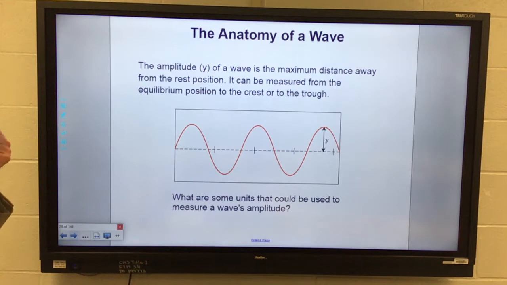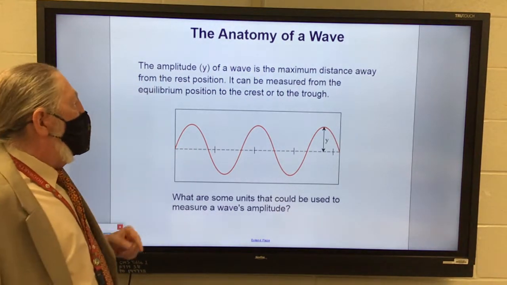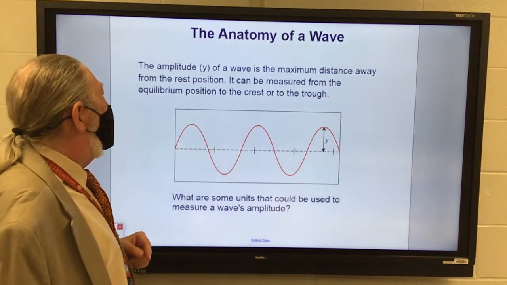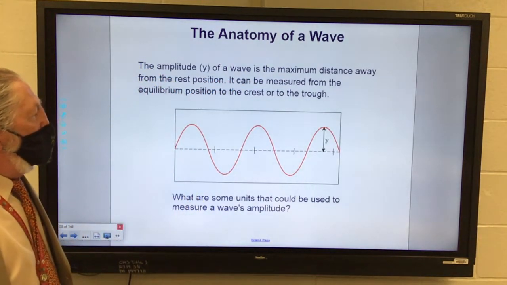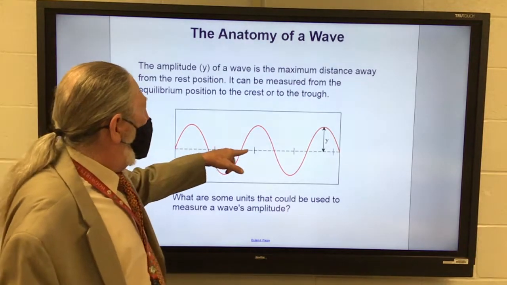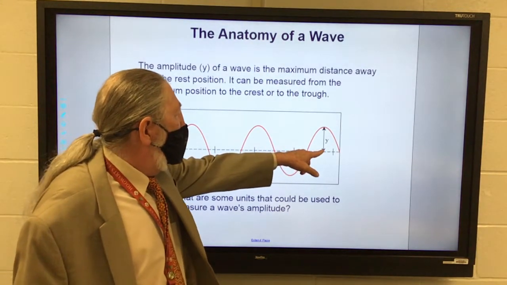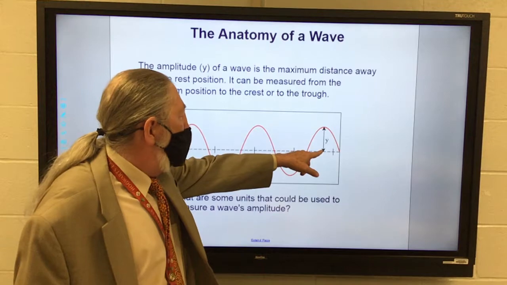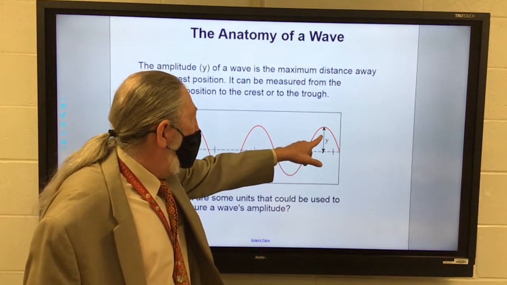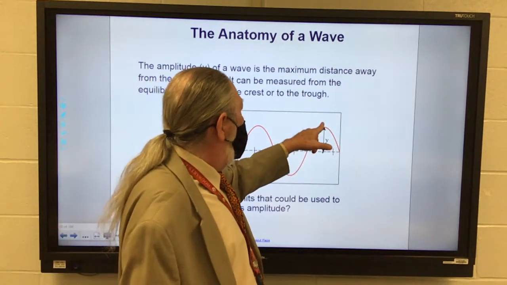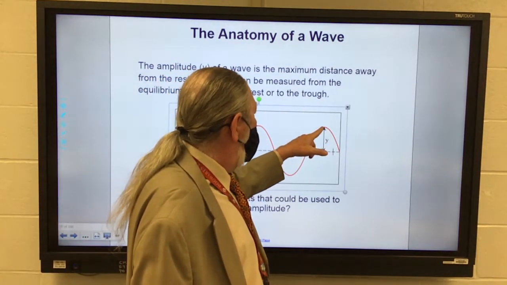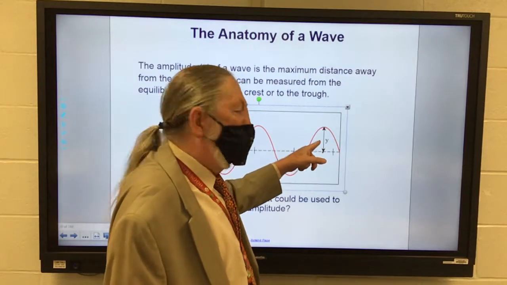Okay, so then you have something called the amplitude of a wave. The amplitude of the wave is the maximum distance away from the rest or the equilibrium. See right in here? Here's the equilibrium. So from this point to this point is called the amplitude.